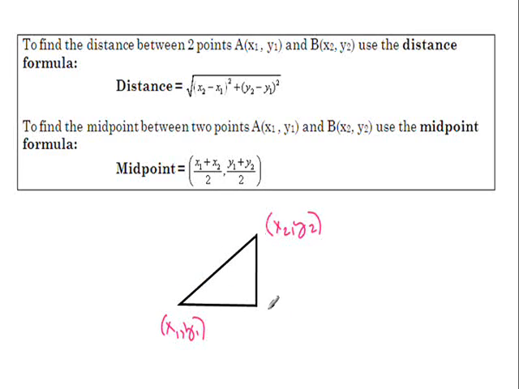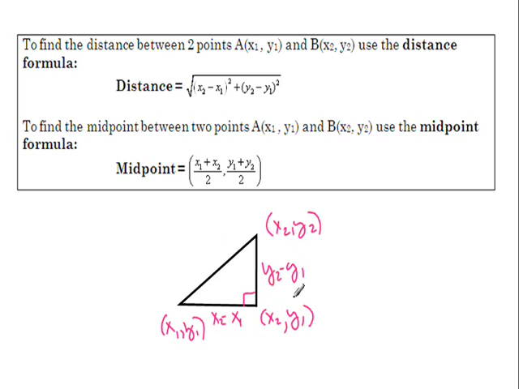Well, these x-coordinates are going to be the same, so this will be x2, and then these y-coordinates are going to be the same, so this would be x1. And since this is a right triangle, I can find the length of this side, which we know length is the absolute value of the difference between the two coordinates. Since this is horizontal, I'm talking about the x-coordinates, so x2 minus x1. And these are the y-coordinates, so y2 minus y1.